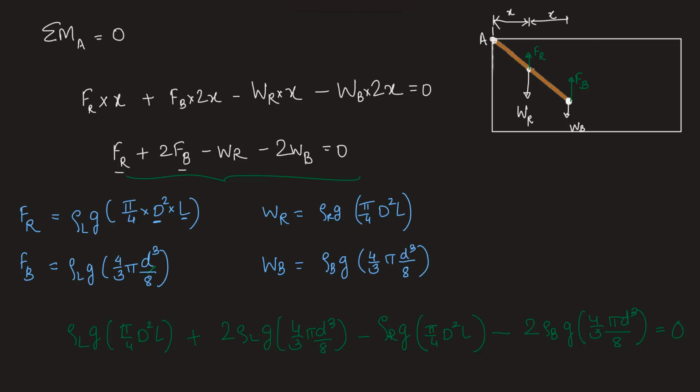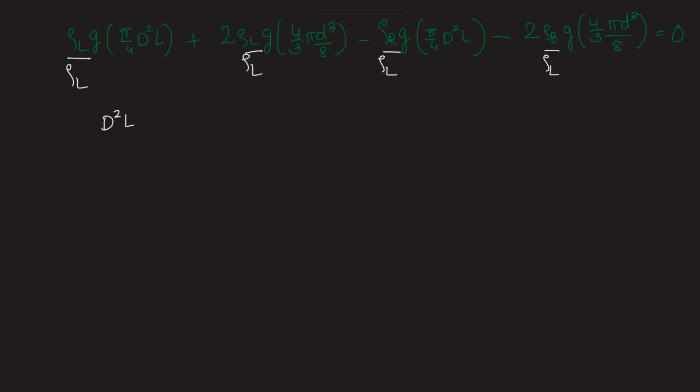Also, when we divide with rho L, for each of the terms we will get D square L by 4 because pi is already divided, G is already divided, and this is 1. So the term left is D square L by 4 plus 2 times 4 by 3 into d cube by 8 minus rho R by rho L, which will be the specific gravity of rod.